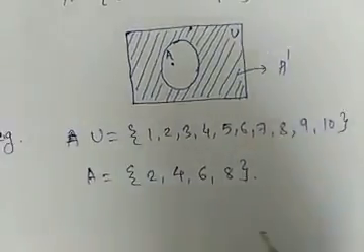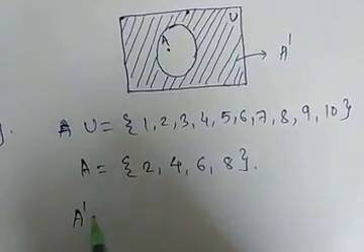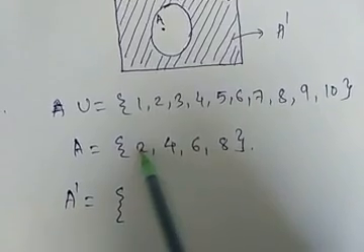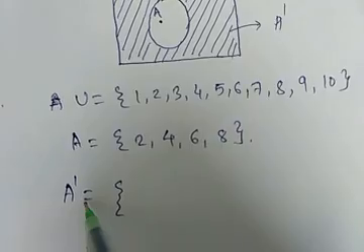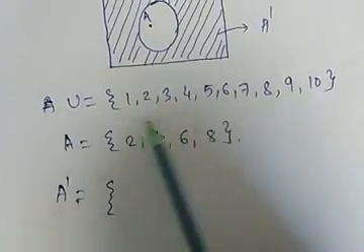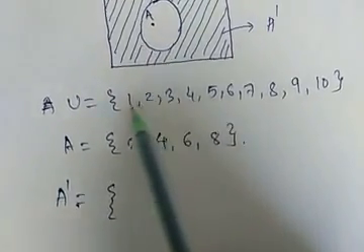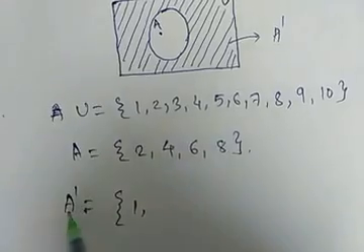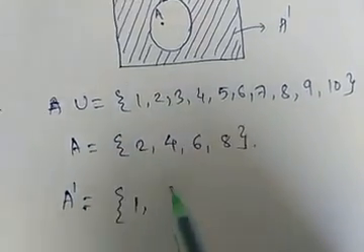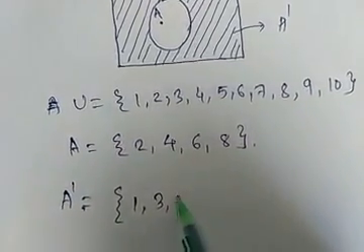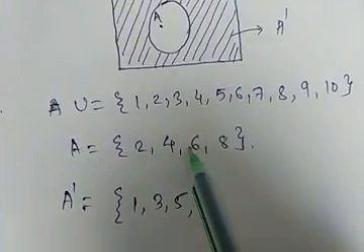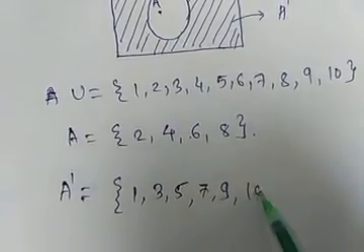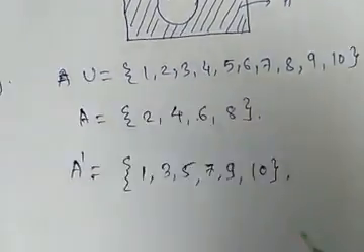Then A complement will be the elements which are present in U but not in A, so we have to delete the elements of A from U. So 1 is not present in A; 2 is present, so in the complement it will not be present. Next 3; 4 is present. Next 5; 6 is present in A, so we have to delete it. Next 7, 9 and 10. Okay, which will be our A complement.